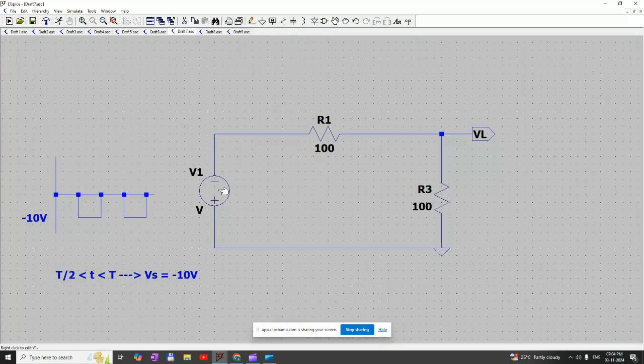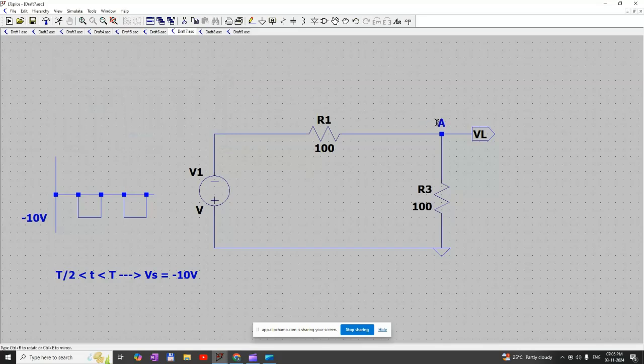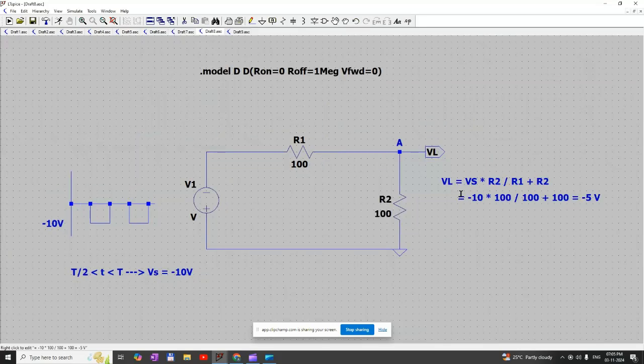Once we apply the minus 10 volt at the source, we are going to measure the output at the VL, present between R1 and R3. So we have to measure the voltage at node A. As per the Thevenin's voltage rule, Vs into R2, where we have to measure the output, divided by R1 plus R2.